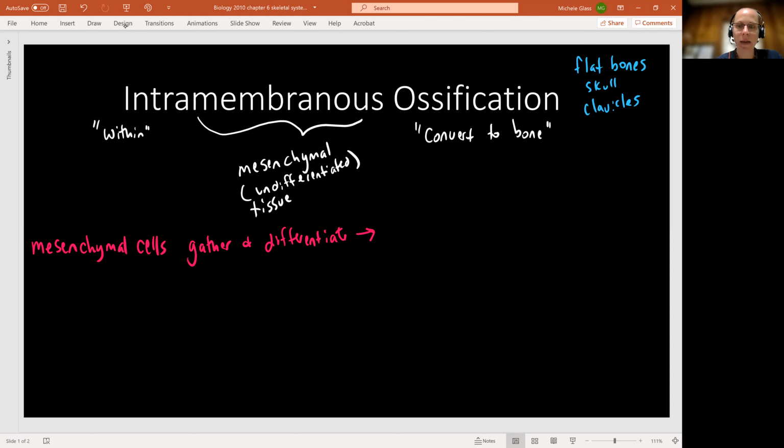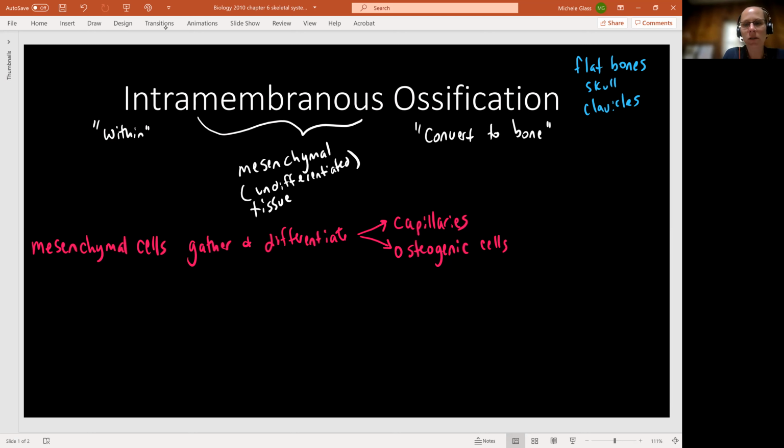What we see next happening is the formation of capillaries, and the formation of osteogenic cells. So when we say that the mesenchymal cells gather and differentiate, this is how they're differentiating. They're becoming capillaries and they're becoming osteogenic cells.